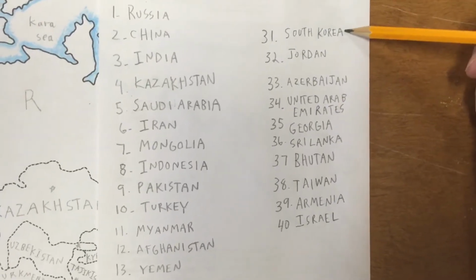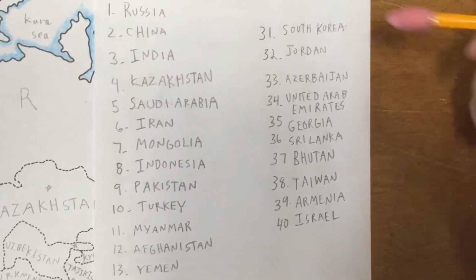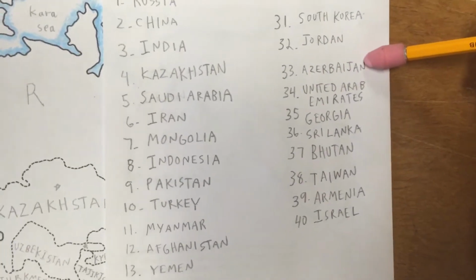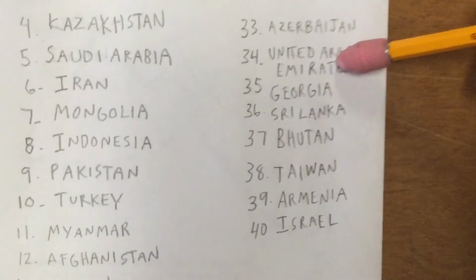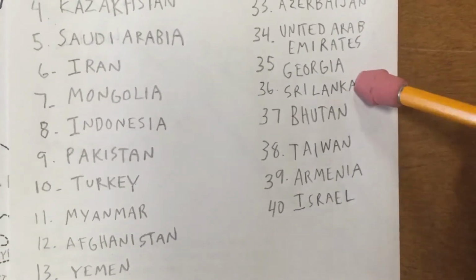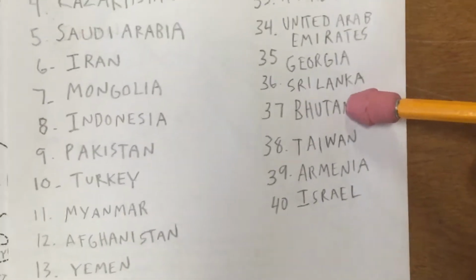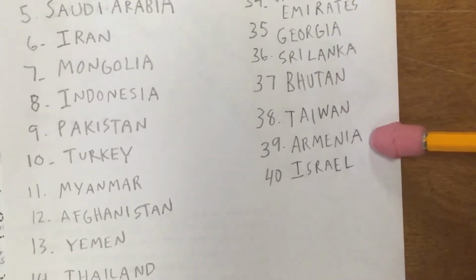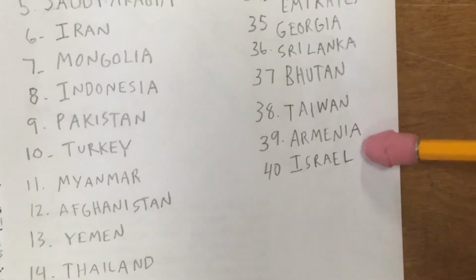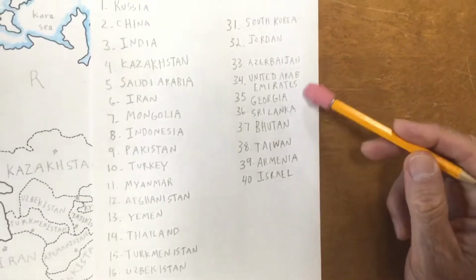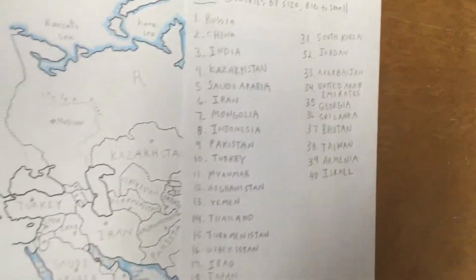Okay, we've got South Korea, Jordan, Azerbaijan, the United Arab Emirates, Georgia, Sri Lanka, Bhutan, Taiwan, Armenia, and Israel.